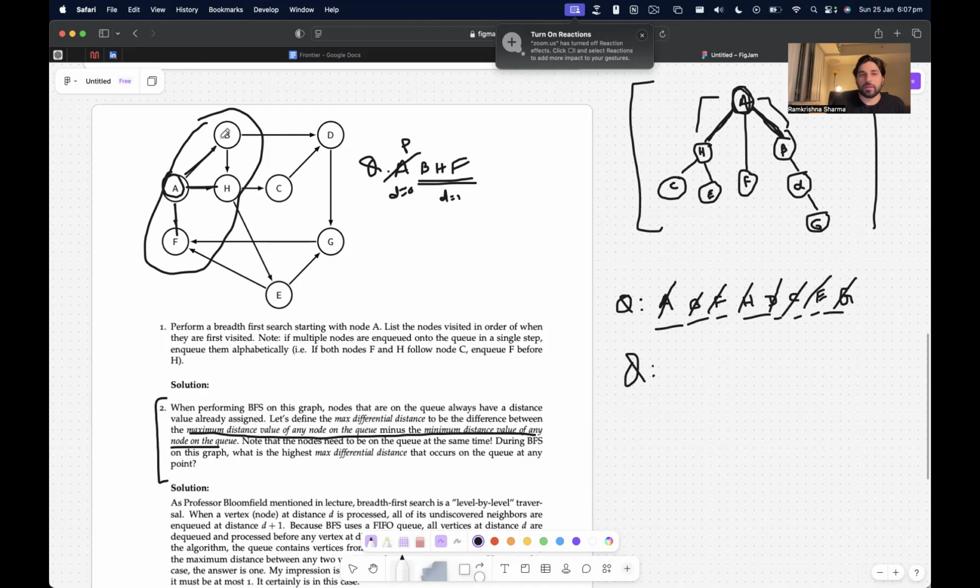Okay, let me look at B. While I'm on B, B is connected to D and H. H is already considered, D isn't considered, so it would be D. Now even then, B is distance one, and B's neighbors are distance two.